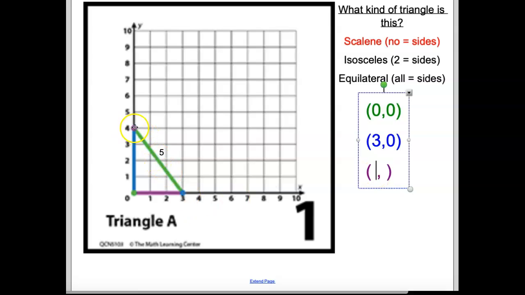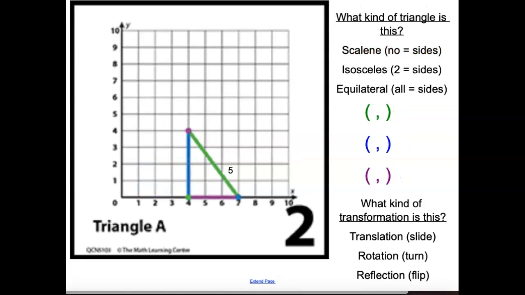Now let's talk about the purple one. Starting here, how many spaces do you have to move over? 0. Good. Now how many spaces do you need to move up? 4. Very good. Let's move on to our next day.